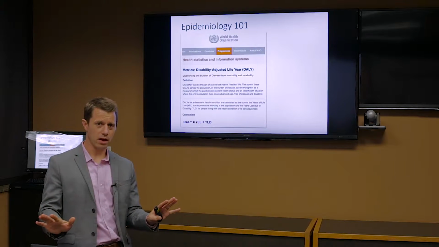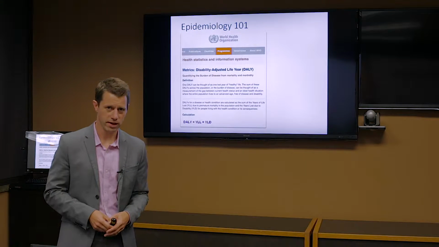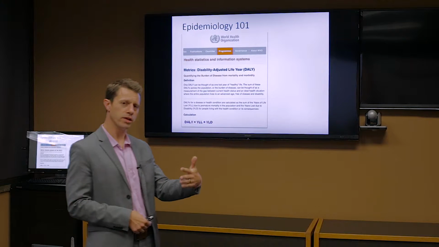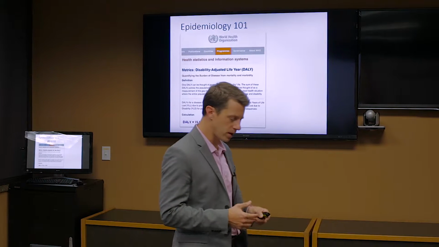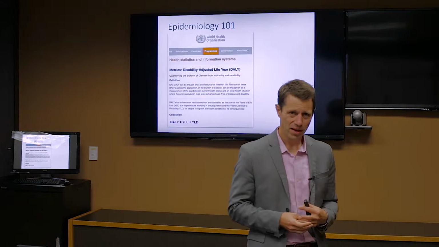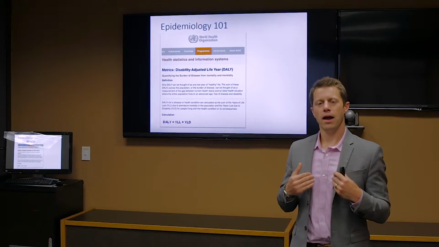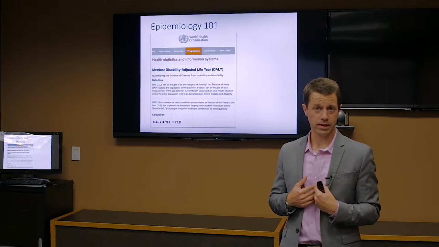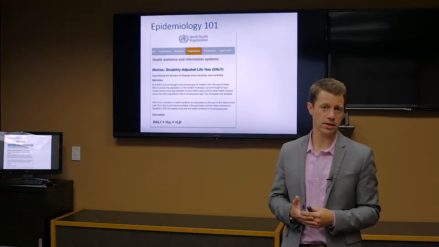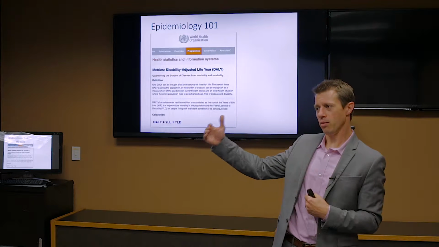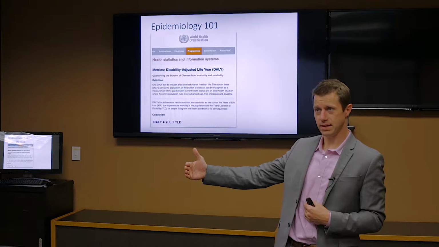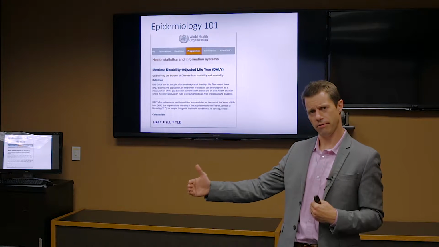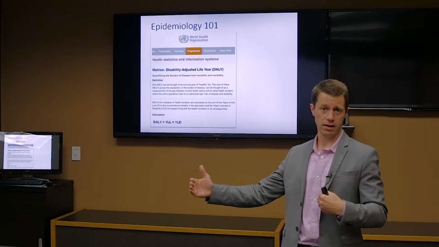So, Epidemiology 101, stick with me for a second. There's a construct called disability-adjusted life years. A disability-adjusted life year means that if I die from a heart attack at the age of 55, like somebody with SMI might from our last lecture, and I was going to live until the age of 75, I've lost 20 years of productive life. That's one thing due to mortality.